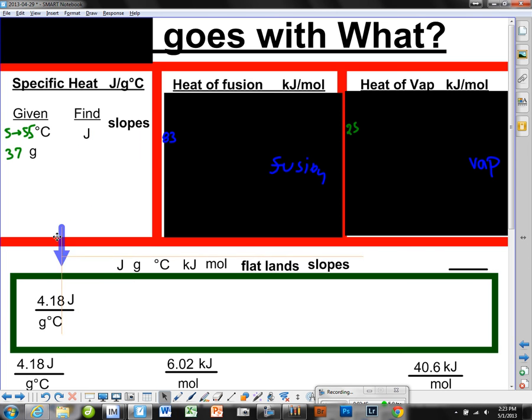Now let's go ahead and do our other fractions, which are going to be based on these givens. These two. So I'm going to leave this right here as our first fraction. And now let's go to our givens. What are we going to do with grams? Top or bottom? Top.